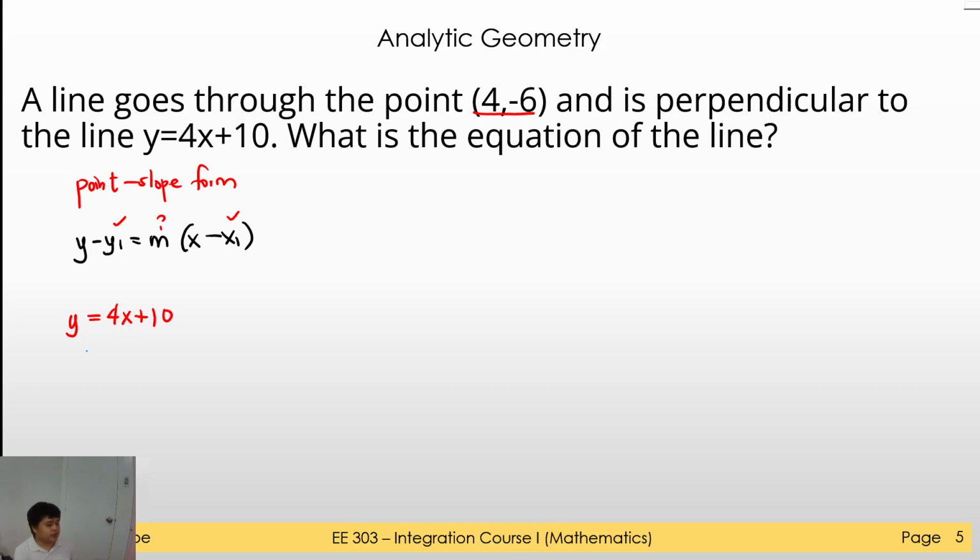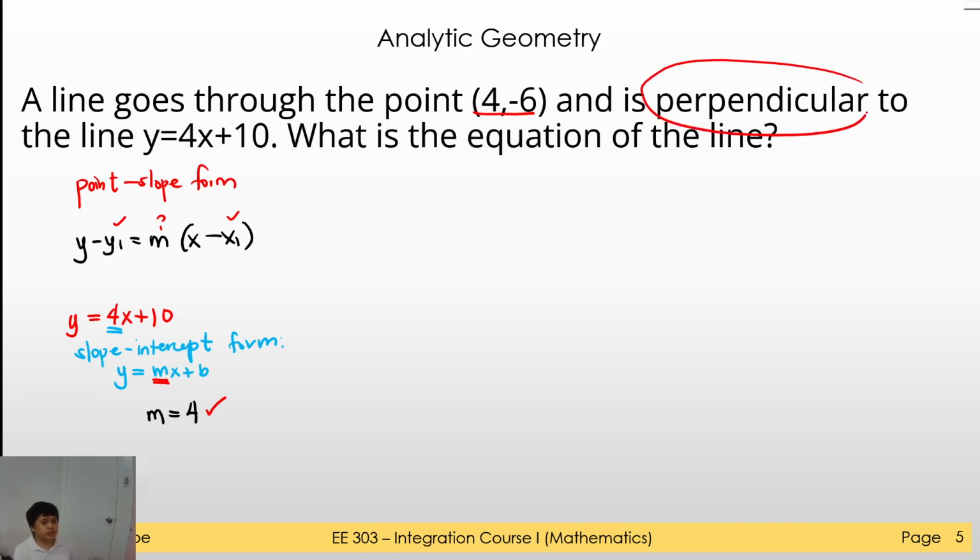Based on the slope-intercept form, y = mx + b, the m here should be 4, right?